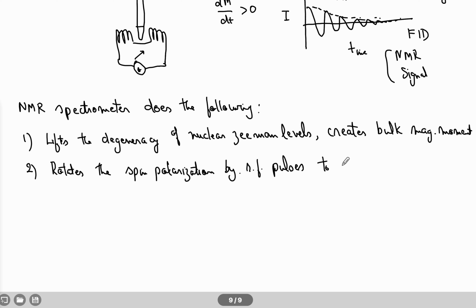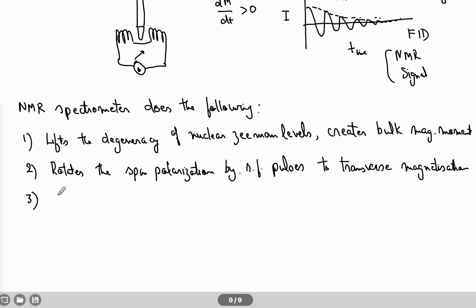But typically what we do is we bring it down to the transverse plane. In different experiments, actually you can take it down to different levels. We will see, if we get time, how we can take it down to in between X, Y and Z. But okay, so it rotates the spin polarization by RF pulses to transverse magnetization.